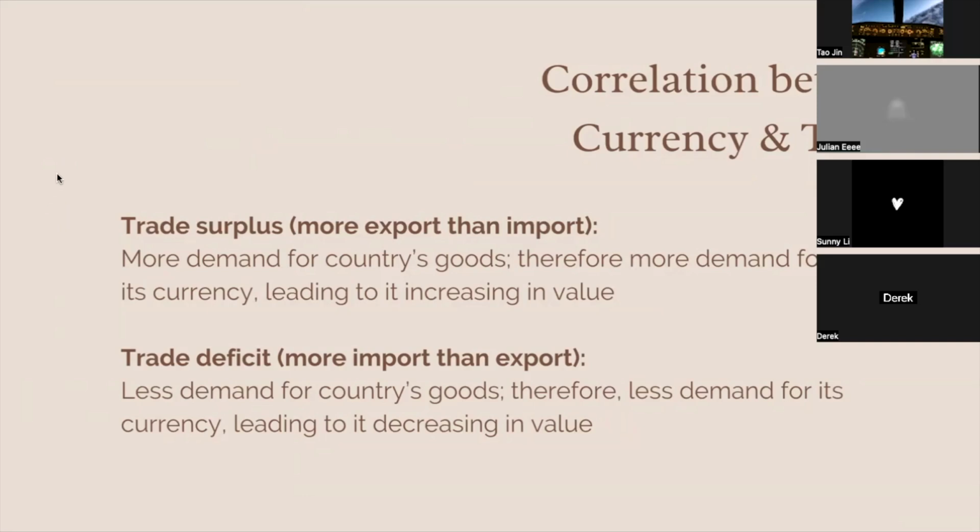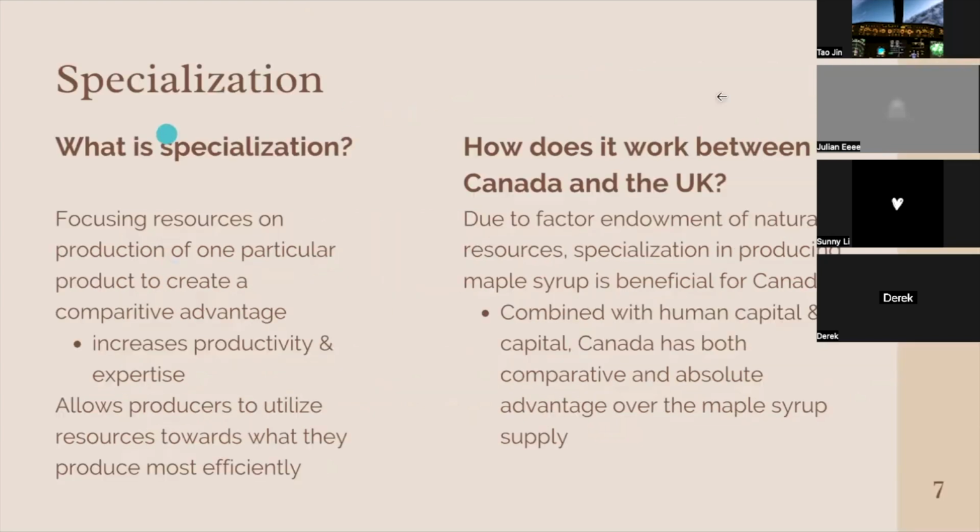And the opposite is true for a trade deficit, where a country is importing more than it is exporting. This means there is less demand for the country's goods, therefore less demand for the country's currency, and of course that will lead to the currency depreciating in value.